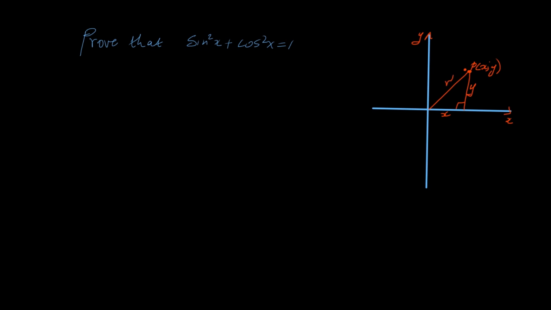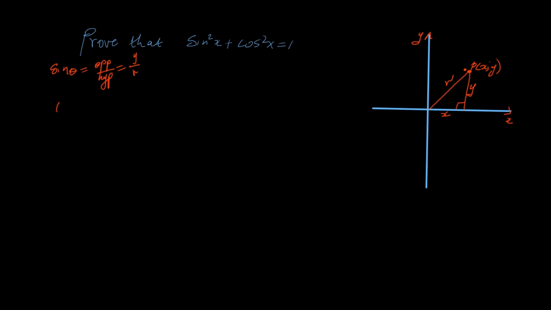Now we proceed. We check the definition of sine. We know that sine theta is opposite divided by the hypotenuse, and according to the diagram, this is y divided by r.